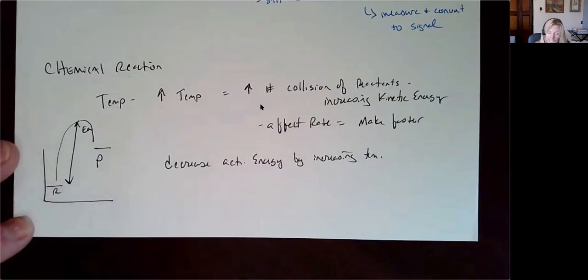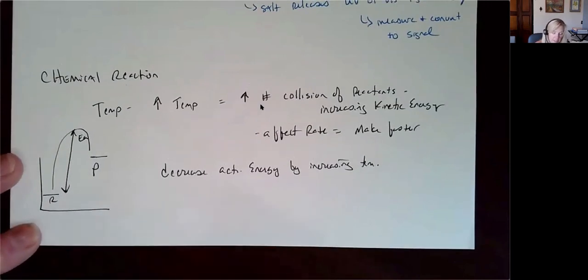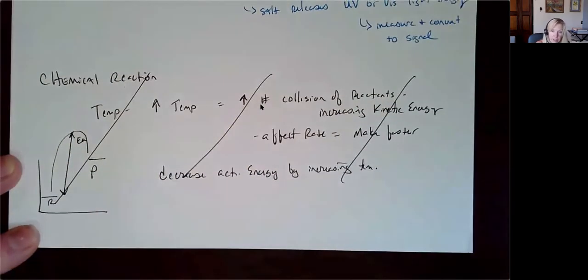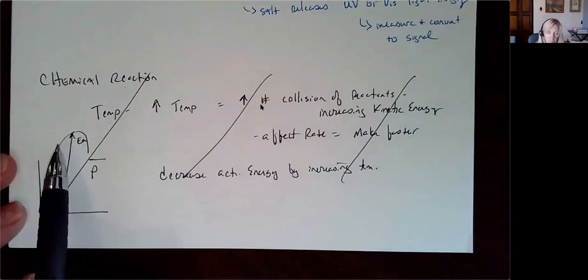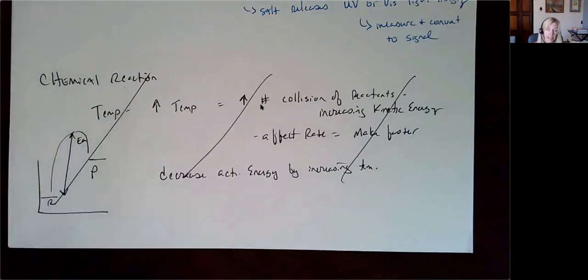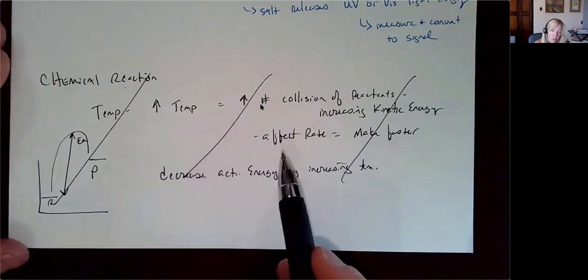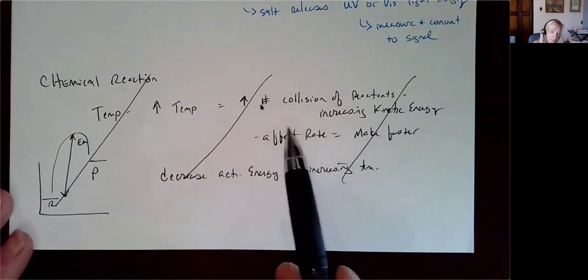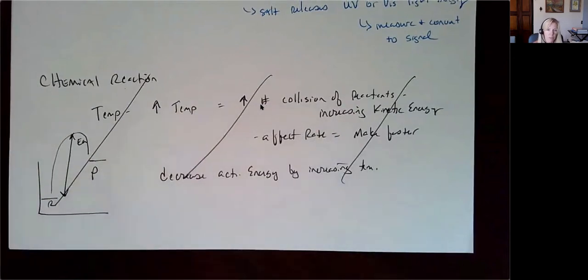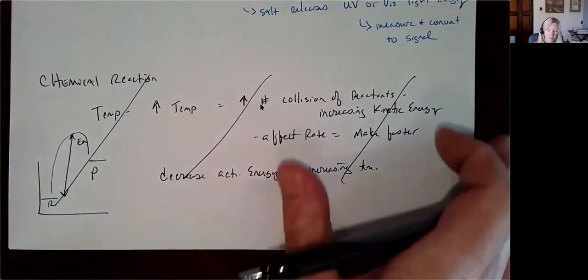This is what happens in a chemical reaction. None of this is happening in a nuclear reaction because in a nuclear reaction, there is no activation energy. There is only a decay as something goes from something less stable to more stable. And so all of these traditional things that we think about, we don't have any collisions that are happening. We don't have an activation energy. So temperature has no effect on a nuclear reaction.